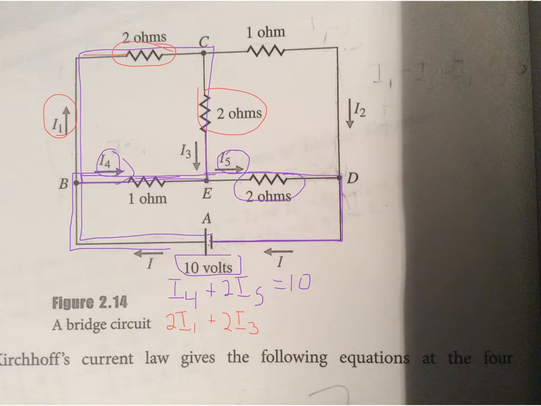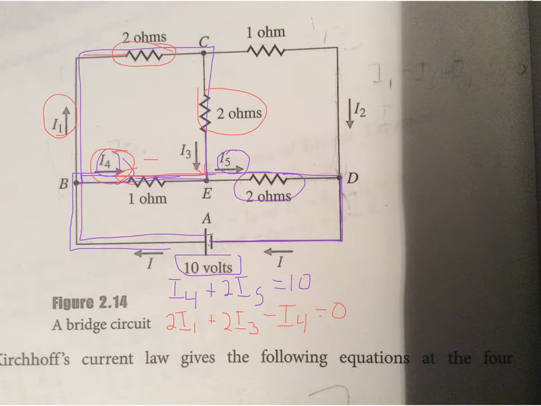And then it comes back to I4 going across a 1 ohm resistor, but it's going the opposite direction, so we make it negative, minus 1 I4, and that has to equal 0, because all the way around our circuit has to be equal to 0. And so that's our second equation for the voltage law.